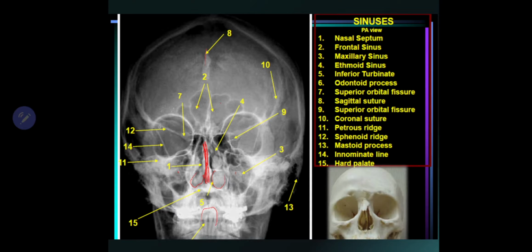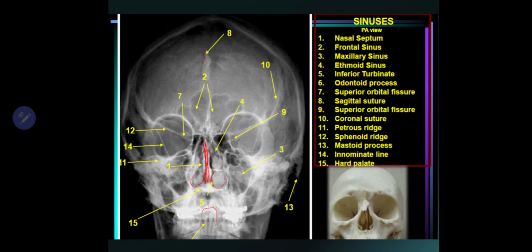This is the sphenoidal ridge. Now, what is the significance of this sphenoidal ridge? In case of sphenoid dysplasia, you get a bare orbit sign where you won't see these two lines. Then, this is the mastoid process. Innominate line. This innominate line is blunted or obscured in case of sphenoidal dysplasia. This is the hard palate.